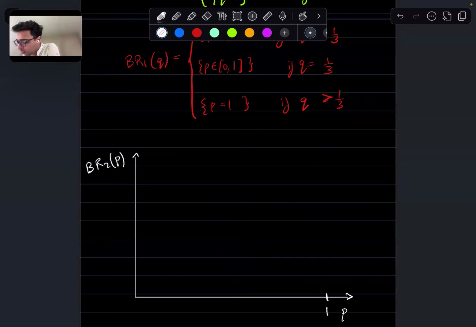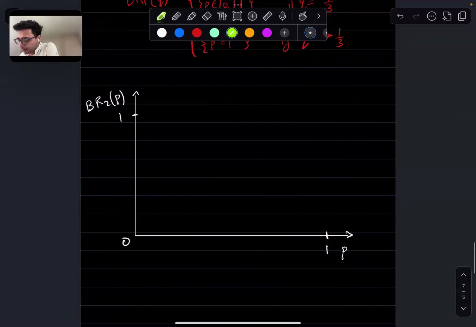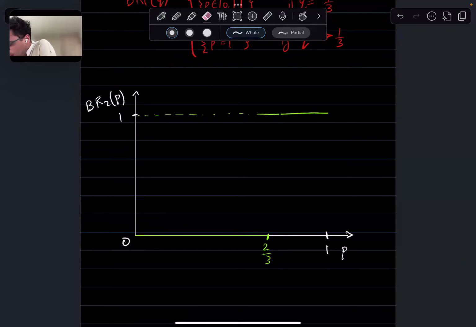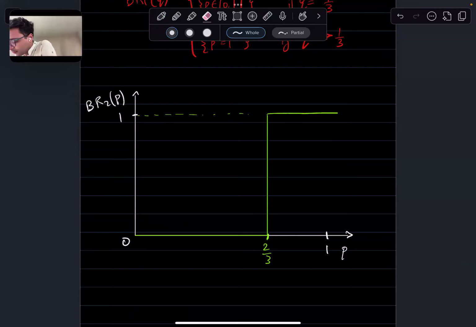Okay, this is 1, this is 1, these are zeros. When P is less than 2/3, Q equals 0. I'll draw this in the light green. When P is greater than 2/3, Q is 1. And when P is equal to 2/3, any Q works.